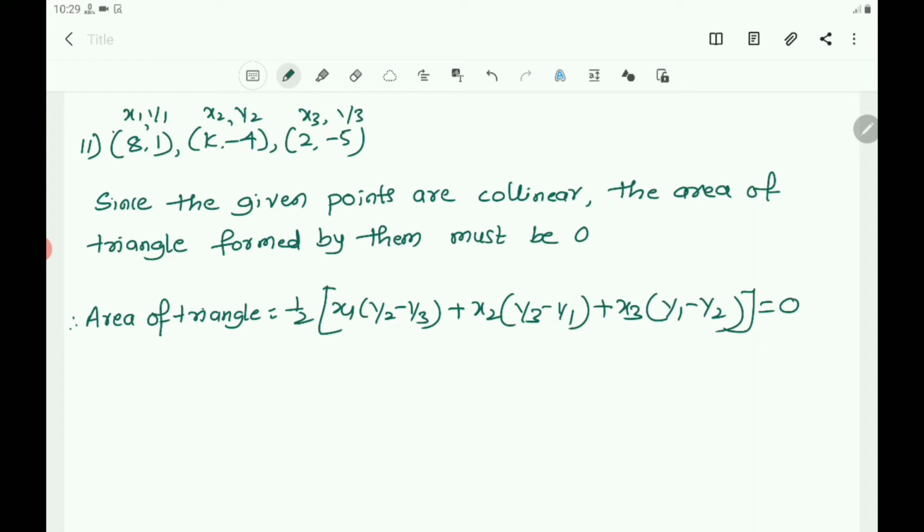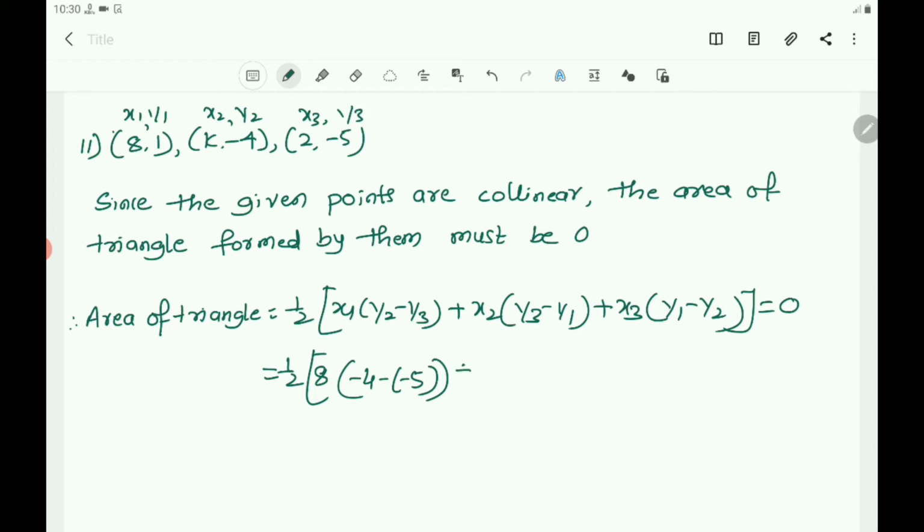Then you write the values of x1, y1, x2, y2, x3, y3. Value of x1 is 8 and y2 is minus 4, minus y3. y3 is minus 5, right? That is minus of minus 5.